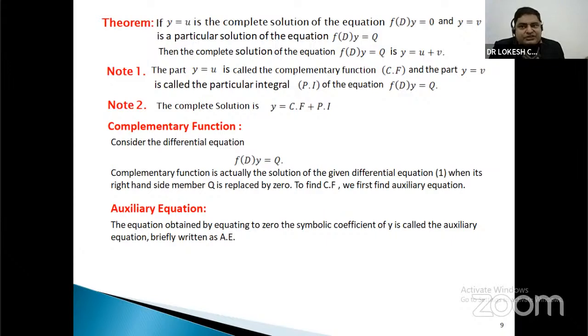For the complementary function, we solve f(D)y equals 0, only the left hand side. And for PI, we solve taking only the q function. So these are the two parts of the complete solution of any linear differential equation with constant coefficients.